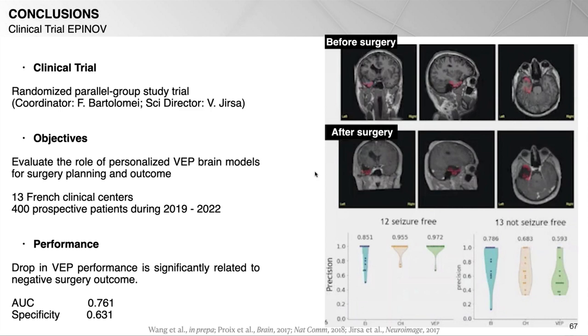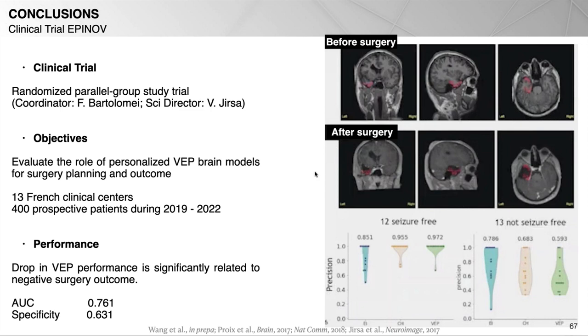They were able to estimate this epileptogenic zone for the patients that were seizure-free, and the correspondence is as good as the clinical hypothesis. But it drops radically when the patient is not seizure-free.